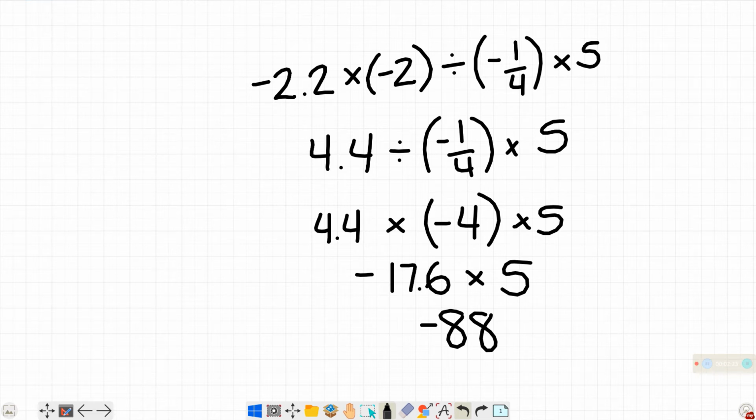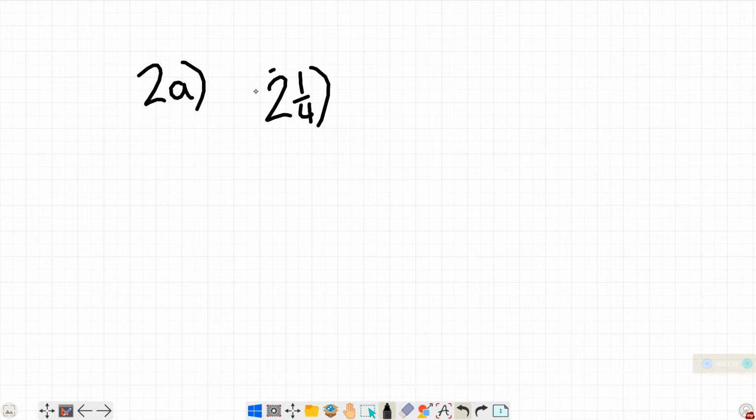Now we are going to move on to question 2. 2A. We have 2 1/4 being multiplied by -8. And it says to use the distributive property.